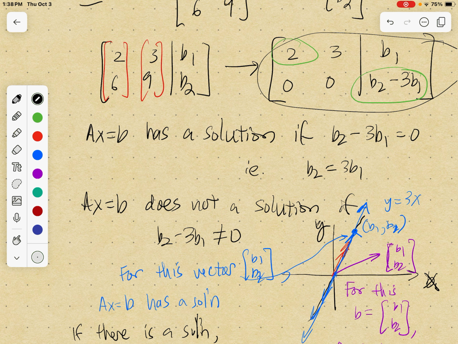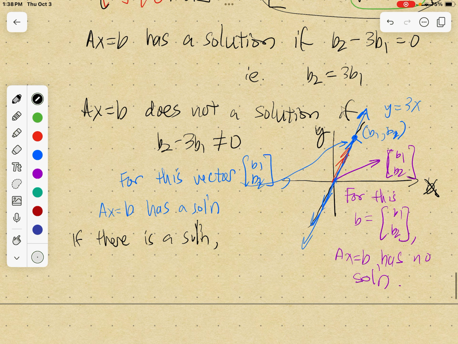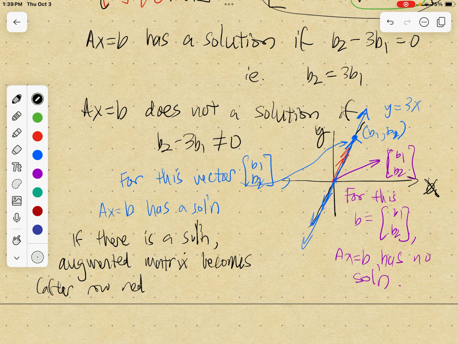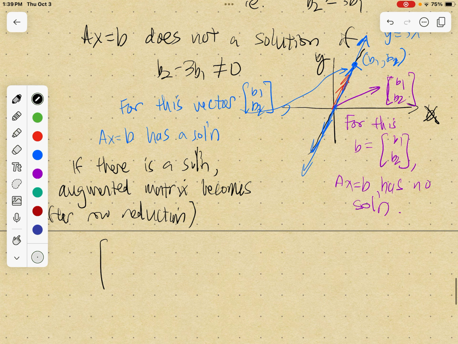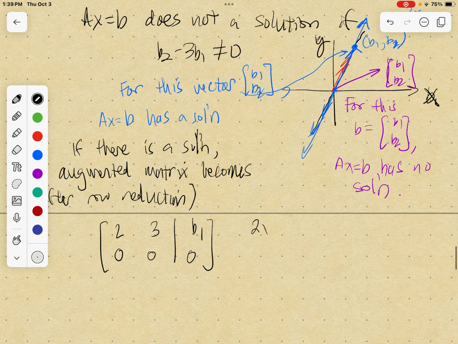The augmented matrix, when you row reduce to echelon form, is going to be 2, 3, B1, 0, 0, 0. So then this equation is going to be 2x plus 3y equals B1, right?